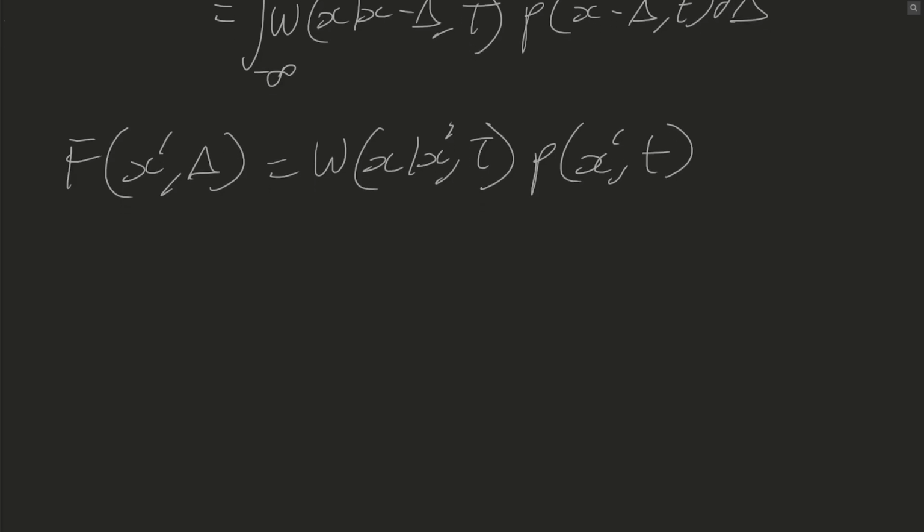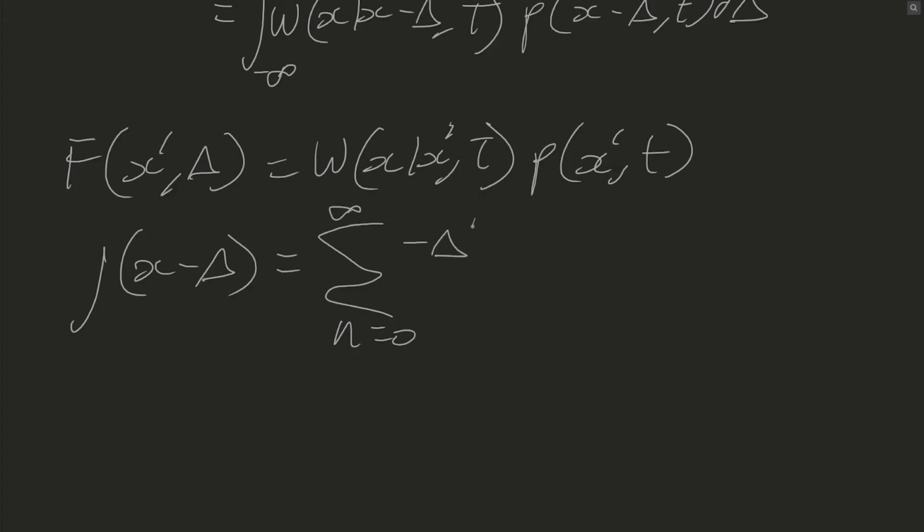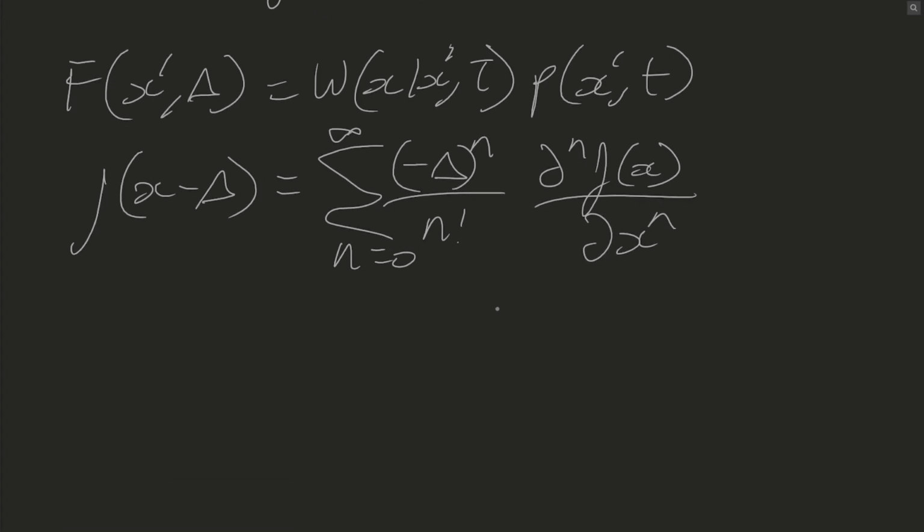So we can use a Taylor series expansion for a function f of x minus delta, which is x prime. That's equal to the sum from n equals 0 to infinity of minus delta to the n over n factorial, times the nth partial derivative of f of x with respect to x.